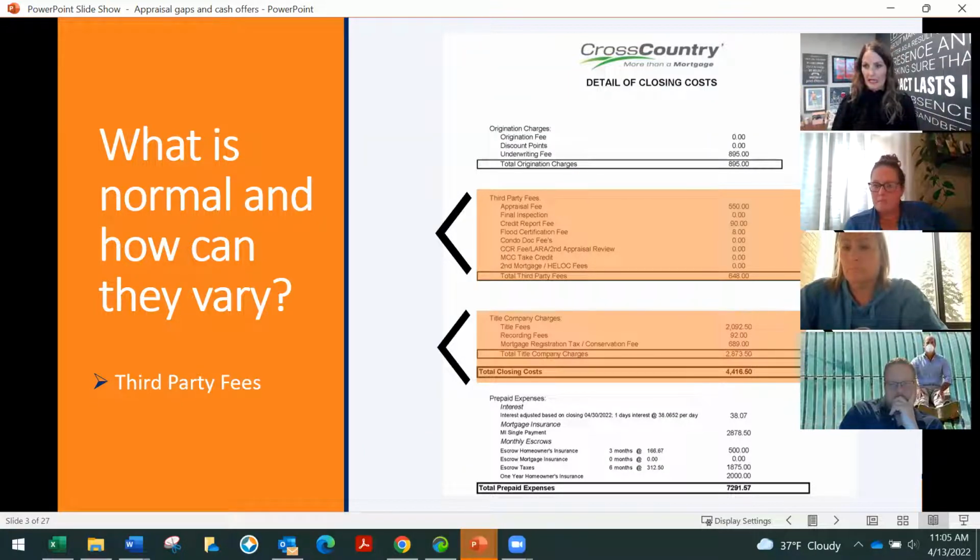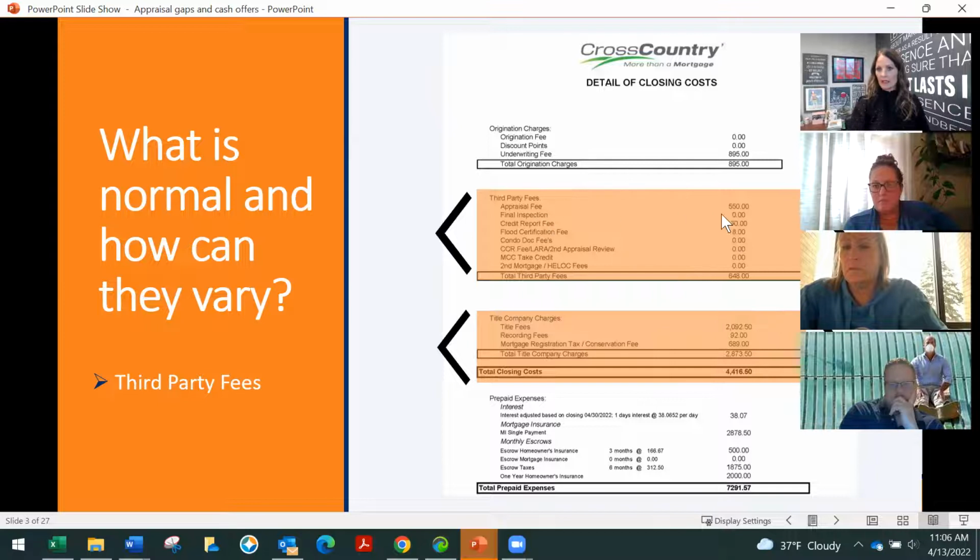I hate that. So I will always show higher fees, and I tell them, once you go under contract, I guarantee all of them include third party. Title company fees, recording fees, mortgage registration tax, they are all third-party fees. Doesn't matter who you work with, they will be the same.